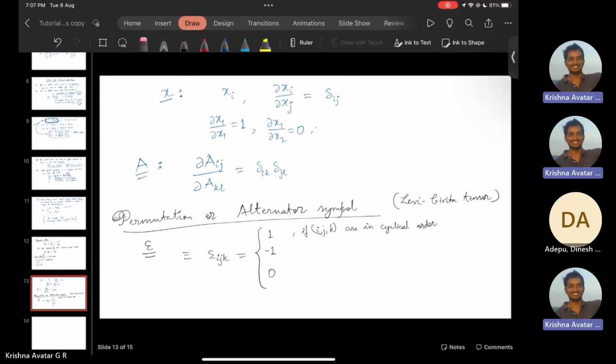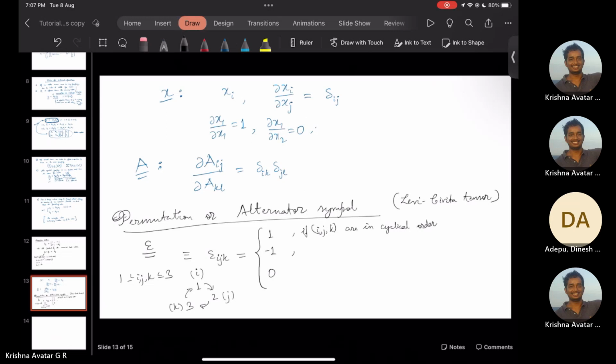We will allow i, j and k to take values from 1 to 3, and the cyclical order of 1 to 3 means, say, 1, 2, and 3. So let this be i, let this be j, let this be k. If i, j, k are in this fashion, then it takes a value of 1.